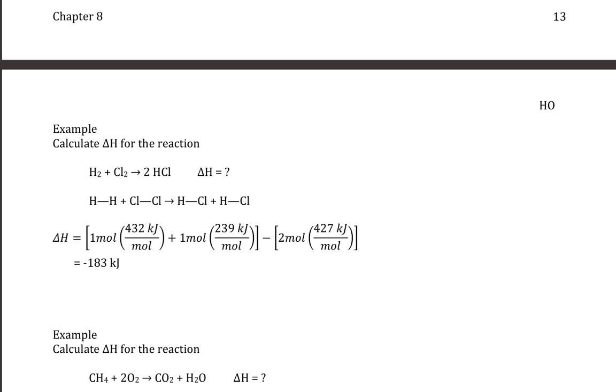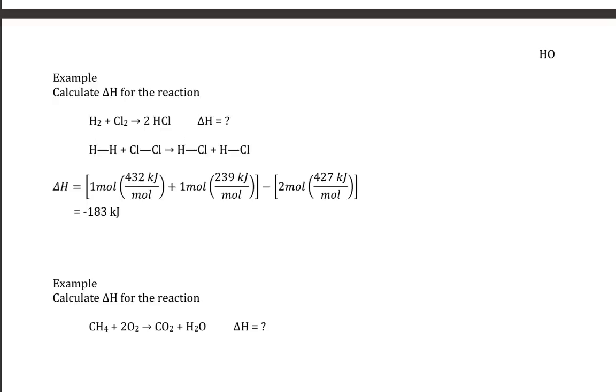In our table, that value is 239 kilojoules per mole. Then we're subtracting the energy that's given off when the H-Cl bond forms, and 2 of them. So we have 2 moles times the value for H-Cl, which according to our table is 427 kilojoules per mole. And we calculate delta H to be negative 183 kilojoules. Notice the mole cancels out.